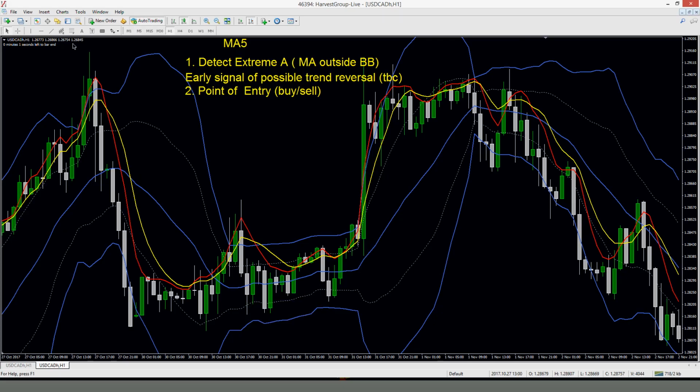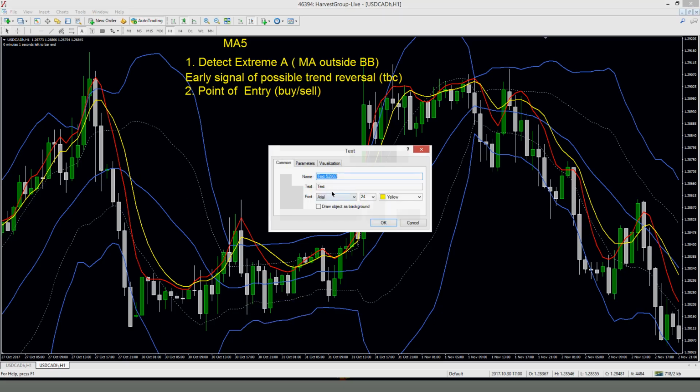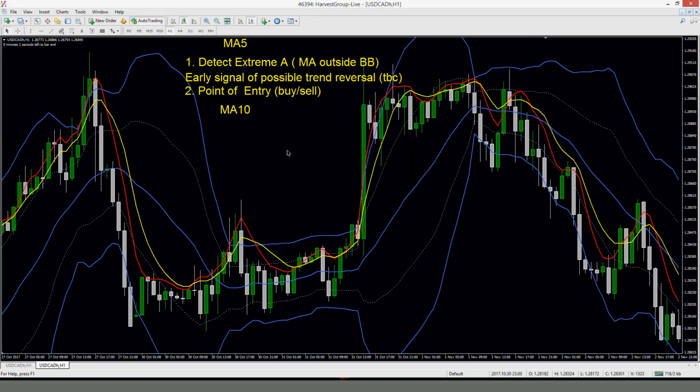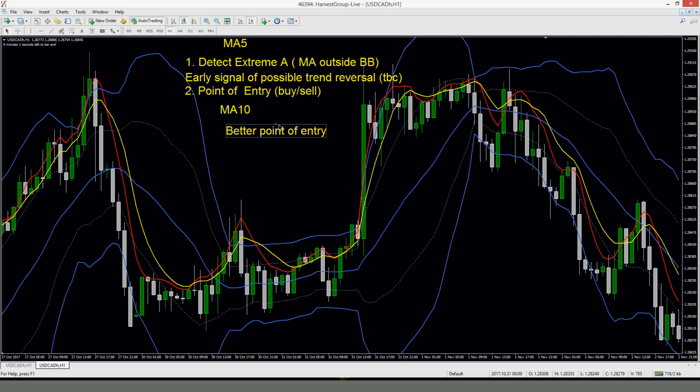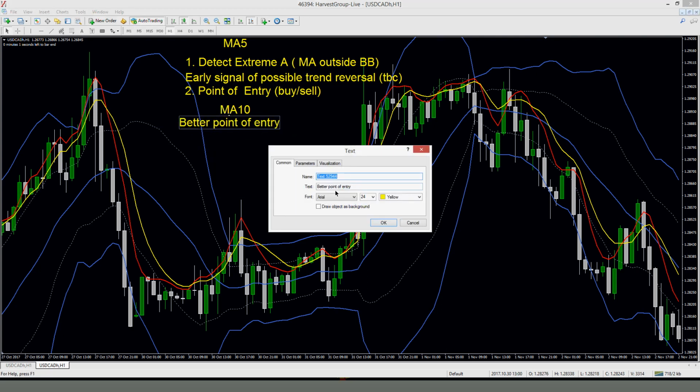Obviously, there's only one function for MA10, which is for a better point of entry. So it's a much stronger, much more valid entry.